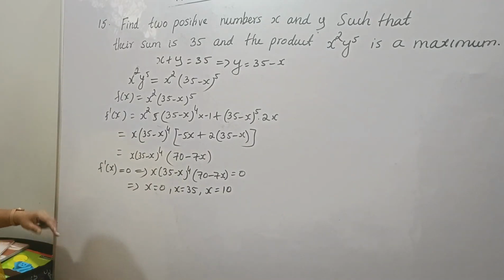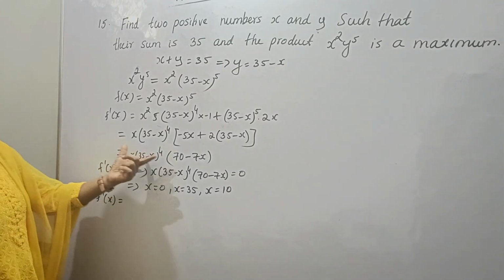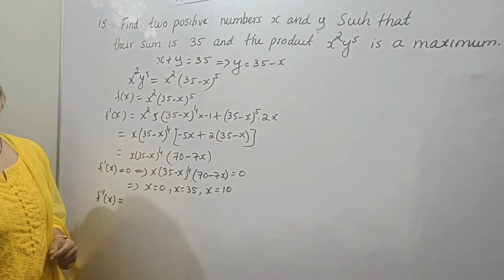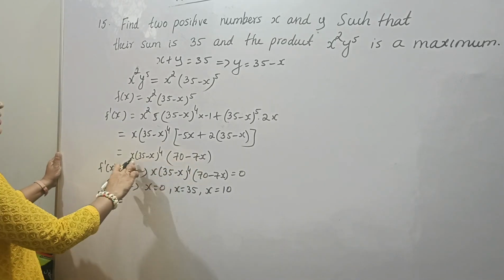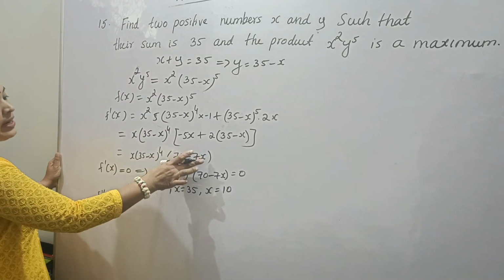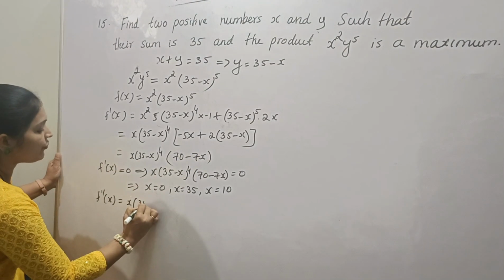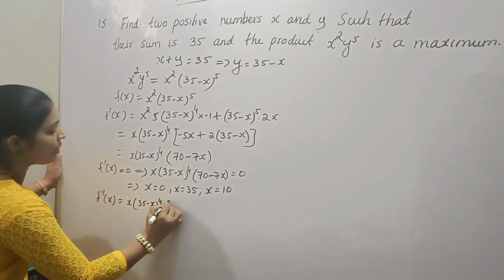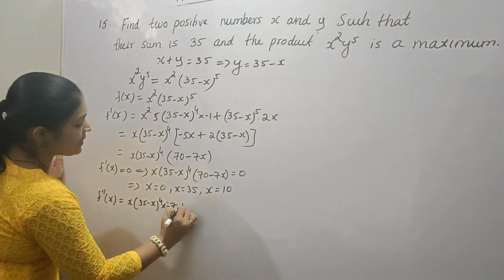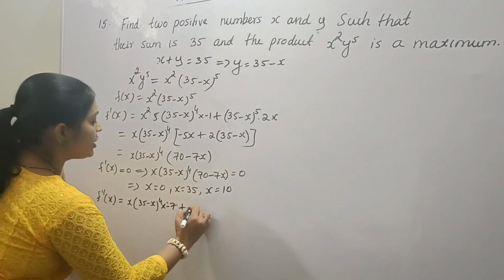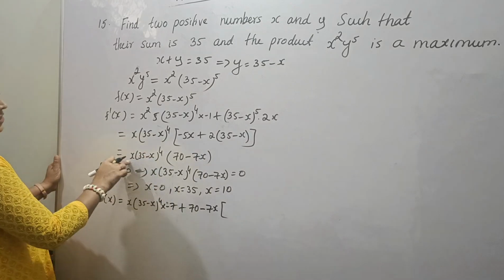Okay, next we will find f double dash of x. F double dash of x, that is differentiate these terms with respect to x. So here, product of 3 functions. So let's consider this as first function and this as second function, then apply product rule. So x into 35 minus x whole raised to 4 into derivative of 70 minus 7x, which is minus 7, plus second function, 70 minus 7x, into derivative of this one.